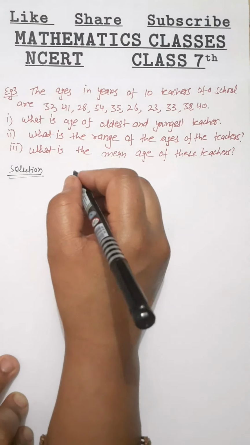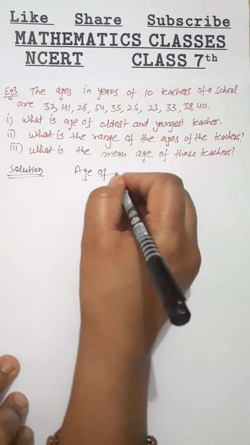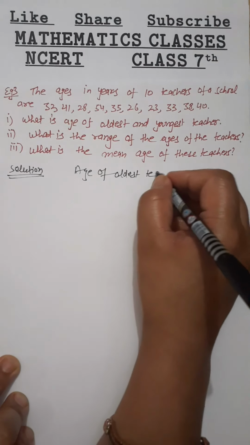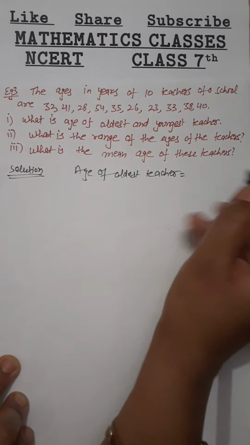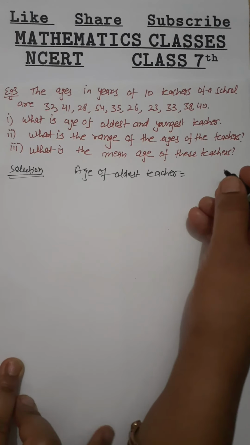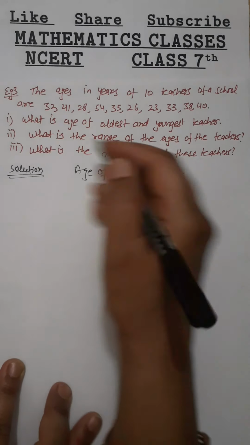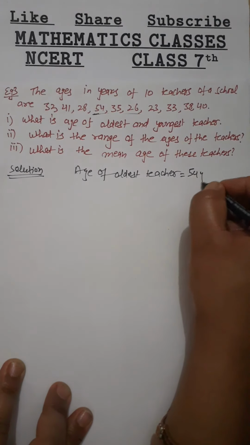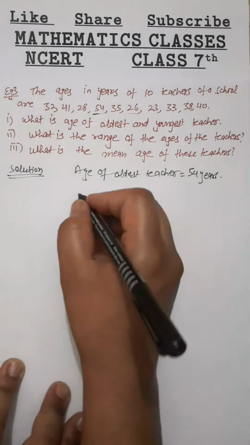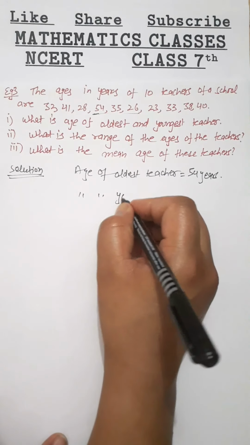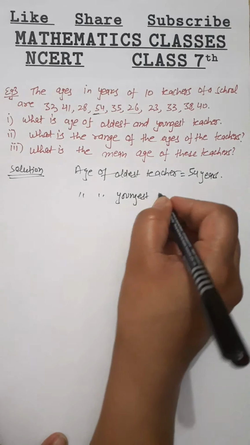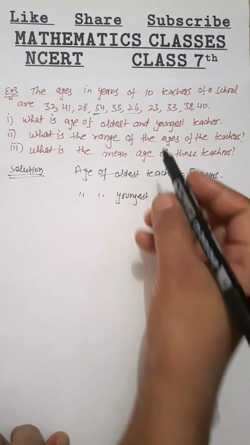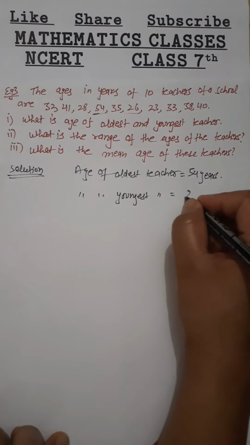Solution: age of oldest teacher, who is the biggest? 54 years. Age of youngest teacher, the smallest, 23 years.